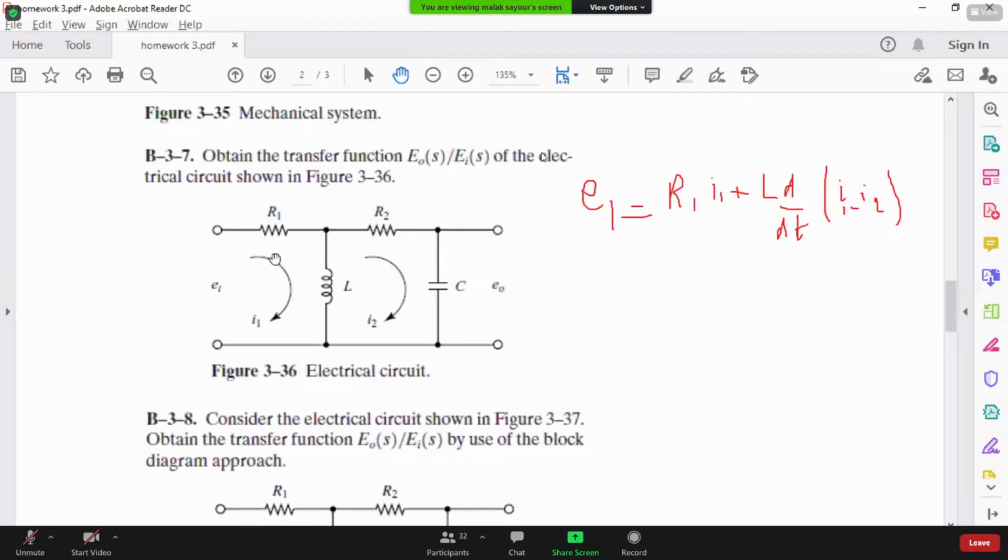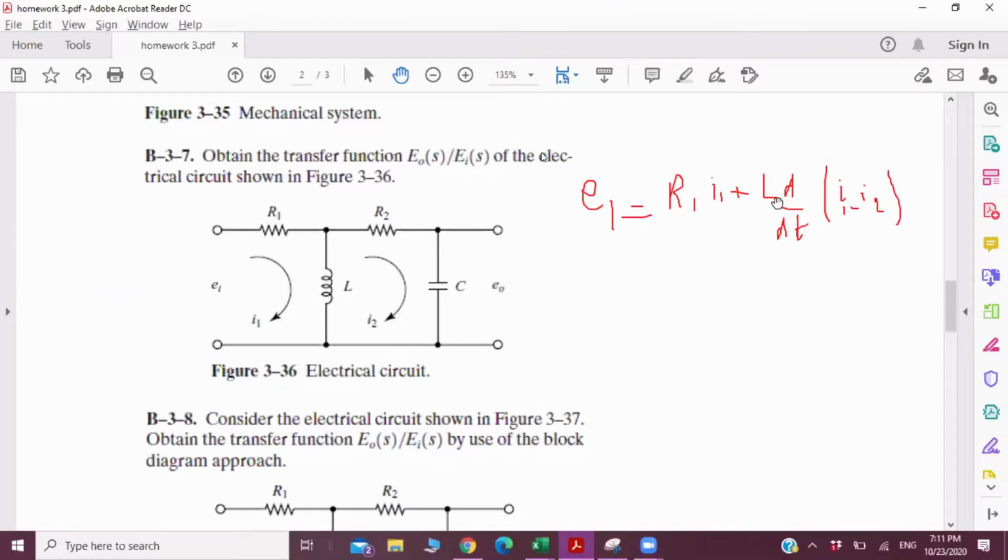We are done with this, like the summation of forces of the first mass, the first KVL. Then we do the second KVL: E out is equal to L d/dt of (I2 minus I1) plus R2 I2.